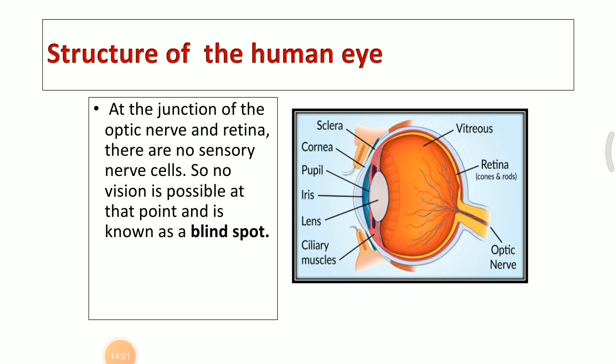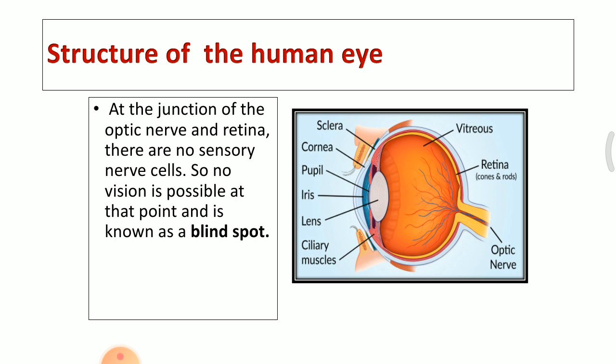The next one, at the junction of the optic nerve and retina, there are no sensory nerve cells. There are no rod cells. There are no cone cells. So no vision is possible at that point, and this point is known as the blind spot because here there are no rod cells and no cone cells.